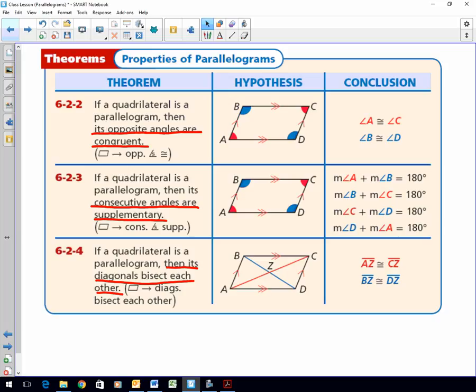You need me to say them again? So did you get the opposite sides are parallel? Because it was in the definition, and it was right before I told you to put it in bullet point 4. Probably because I got really excited. Opposite sides are parallel, opposite sides are congruent, the opposite angles are congruent, consecutive angles are supplementary, diagonals bisect.